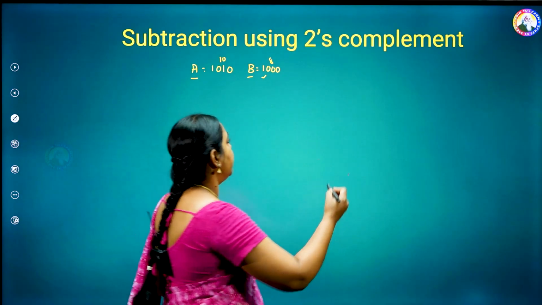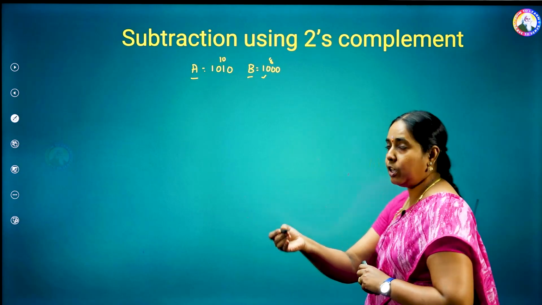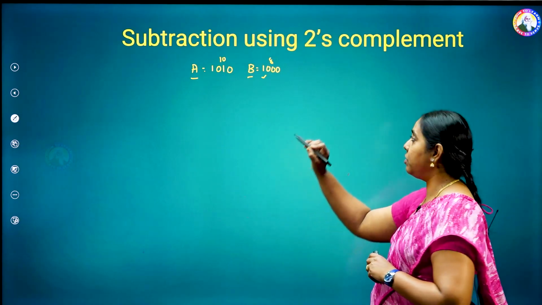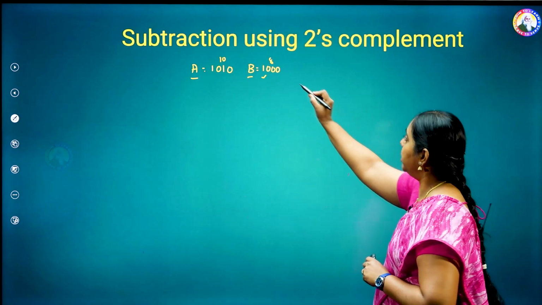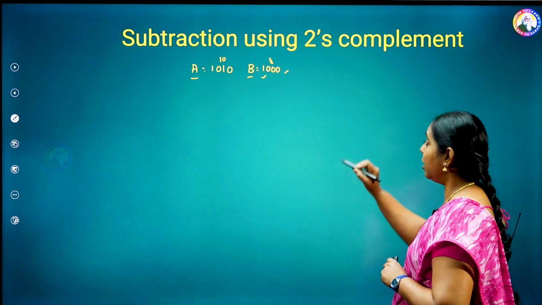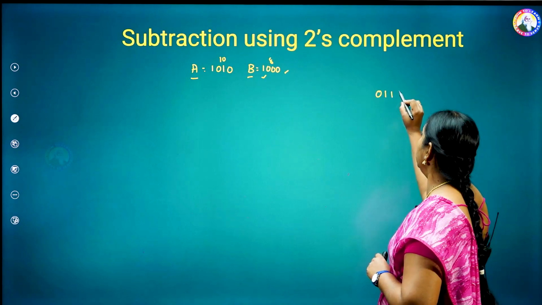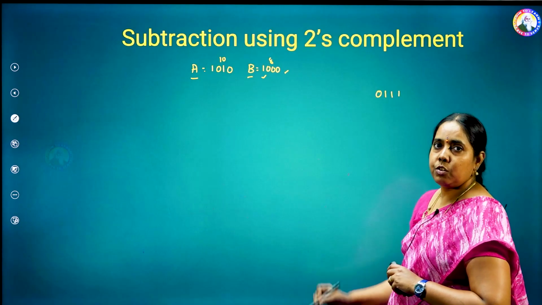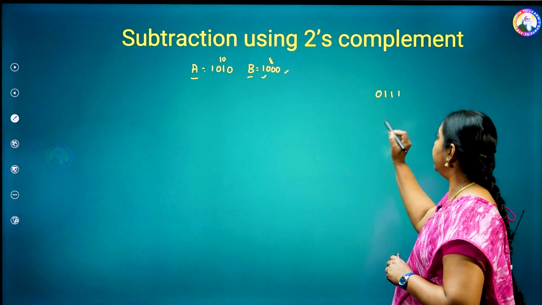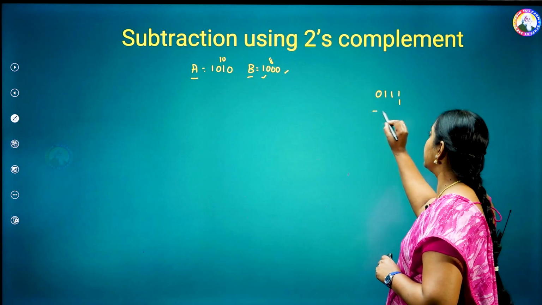What is the procedure for the 2's complement of the subtrahend? First I need to take the 1's complement of the subtrahend, which is 0, 1, 1, 1. In order to get the 2's complement, I need to add 1 to the LSB bit.